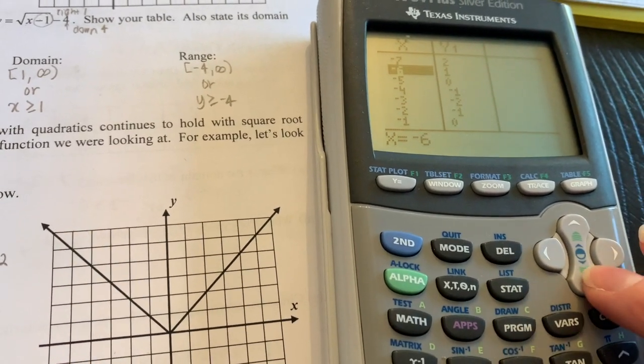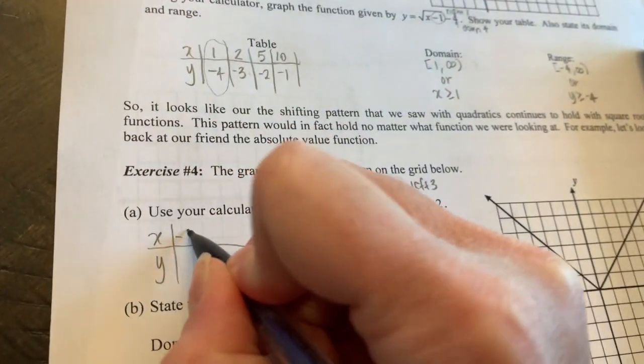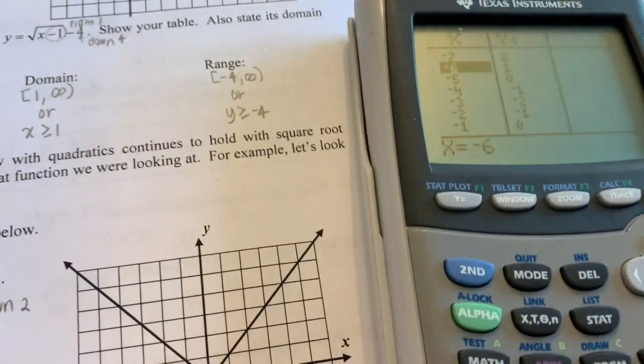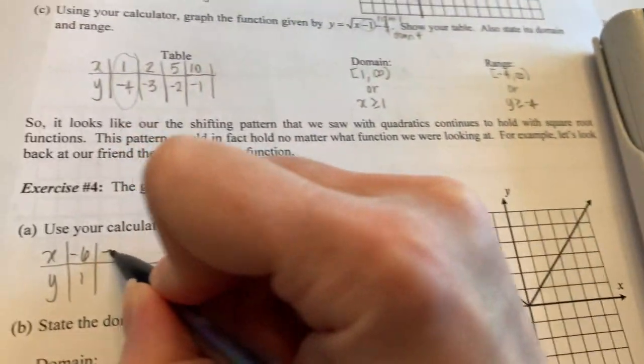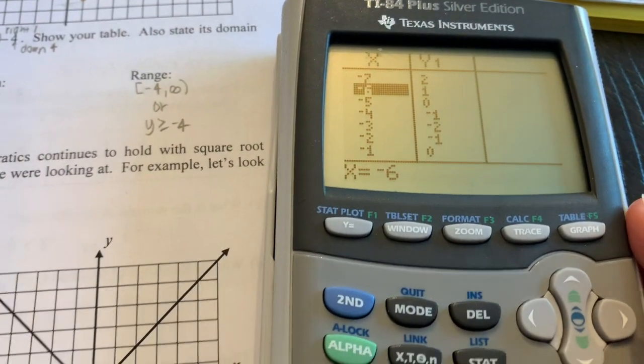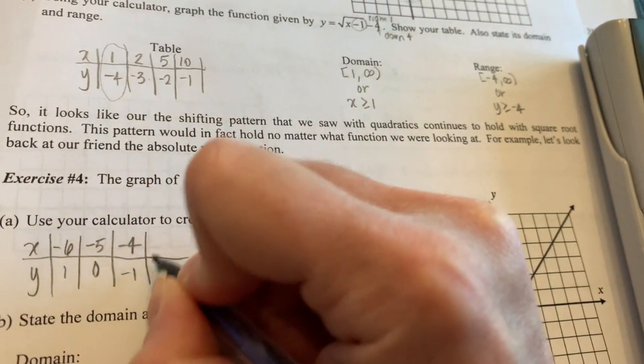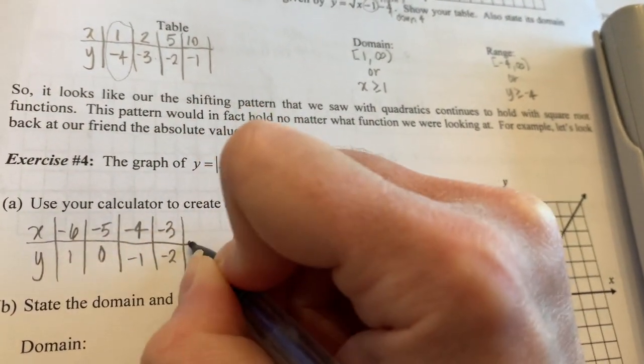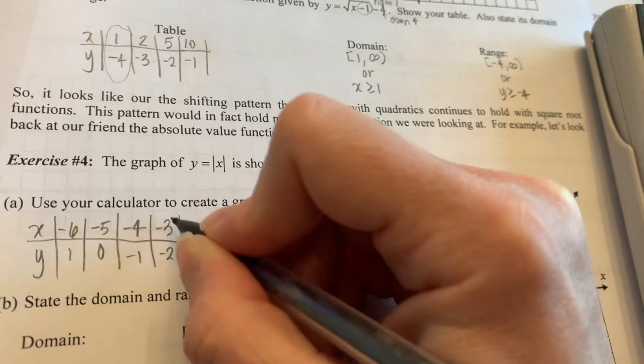So I'll start with negative 6. Okay, so negative 6 and 1, and then negative 5 and 0, and then negative 4 and negative 1, and then negative 3 and negative 2, and that's the turning point here.